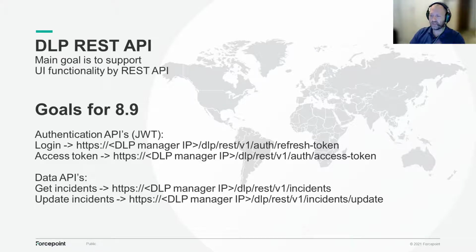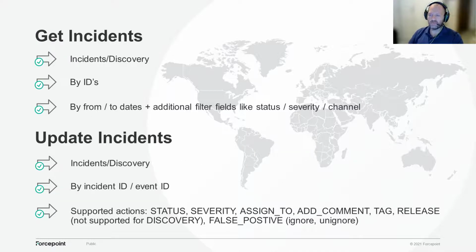So first, we are sending a request with the username and password in the header of the request. We will receive a JWT token, and we will use that token to send either the get incident API request or the update incident request.